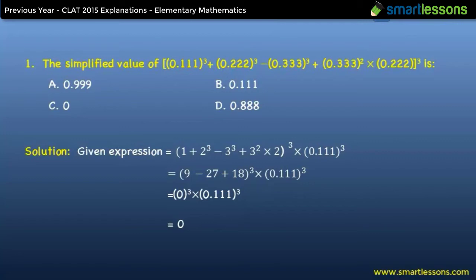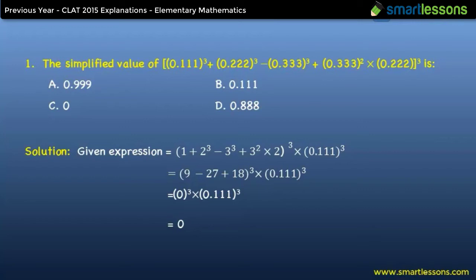Then the third term is 0.333. You can write this term as 3 into 0.111 then whole cube. Plus again you have 0.333, so this you can write as 3 into 0.111 whole square into 0.222, that you can write as 2 into 0.111, then whole cube of that given expression.